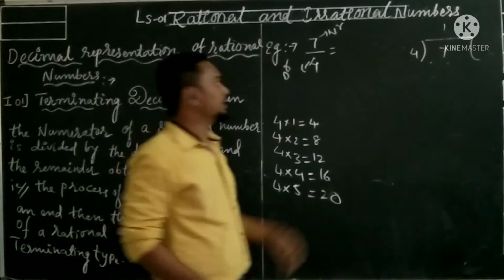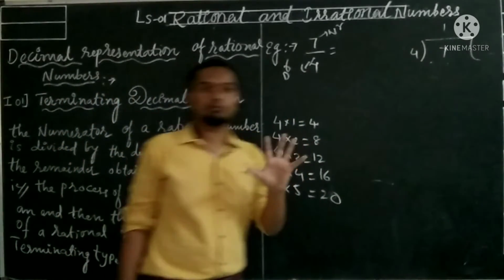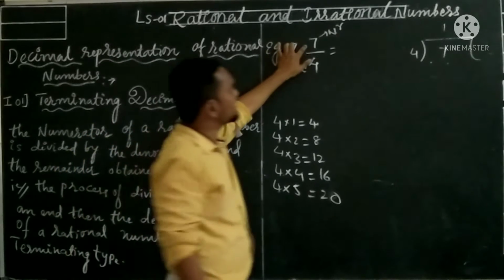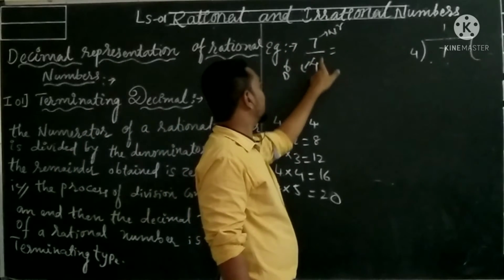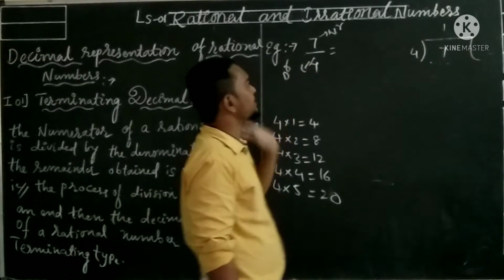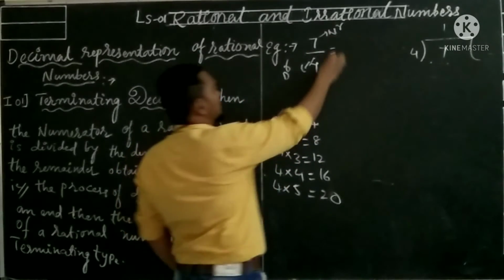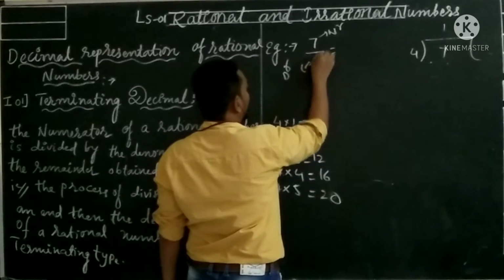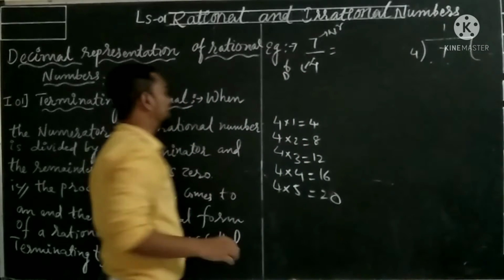When we take the rational number 7/4, 7 is considered the numerator and 4 is the denominator.